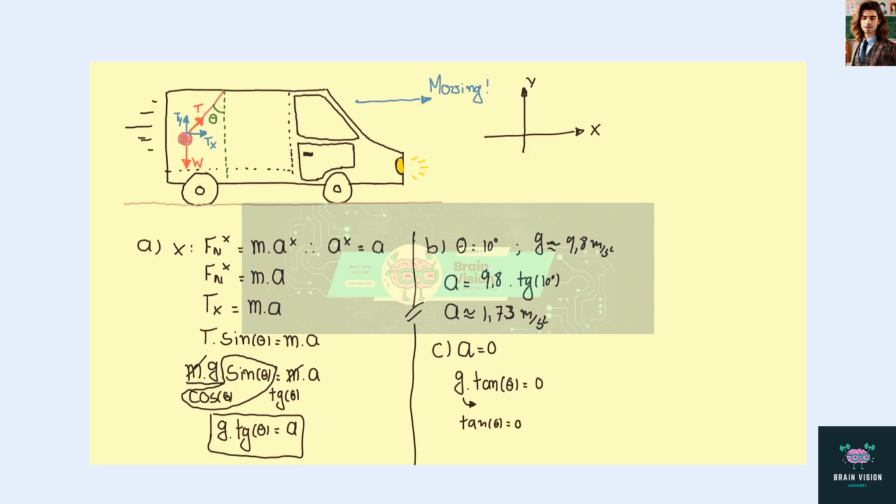And then, when the tension is equal to 0, we can conclude that it's because the sine is equal to 0. And the angles that have the sine equal to 0 are 0 degrees and 180 degrees. But notice that in this situation, it's impossible to have this 180. So our answer is that theta is equal to 0 degrees.